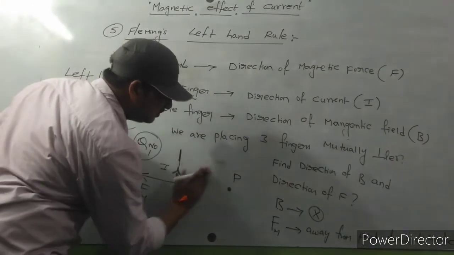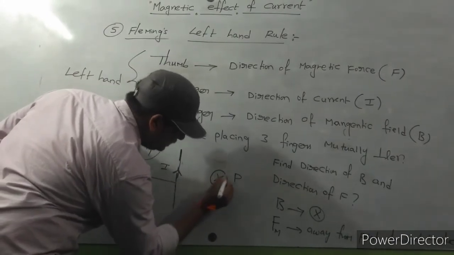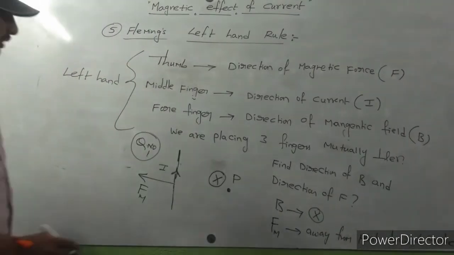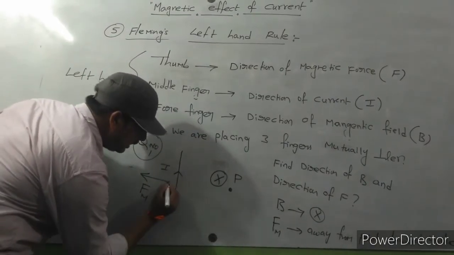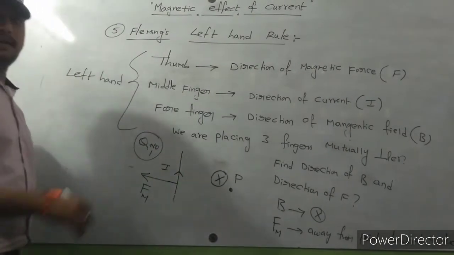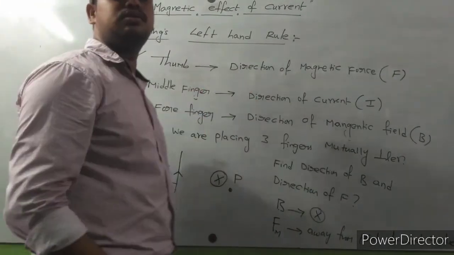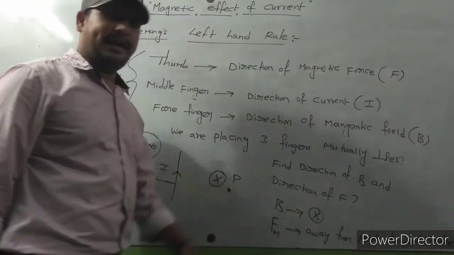Otherwise, we can also use Fleming's right hand palm rule and get the same direction. Observe carefully.